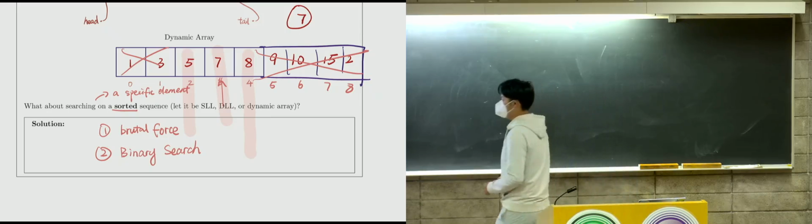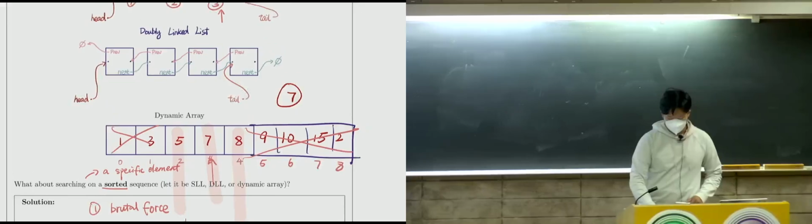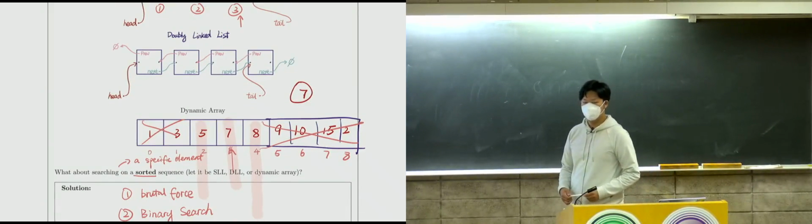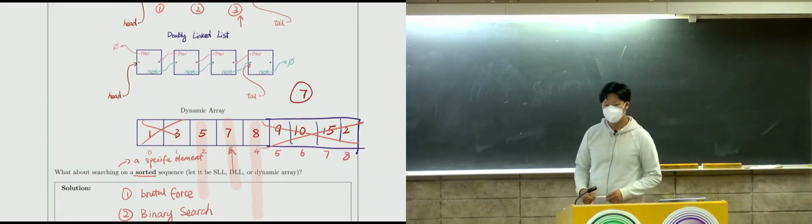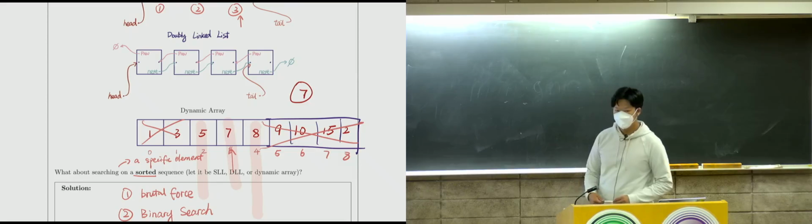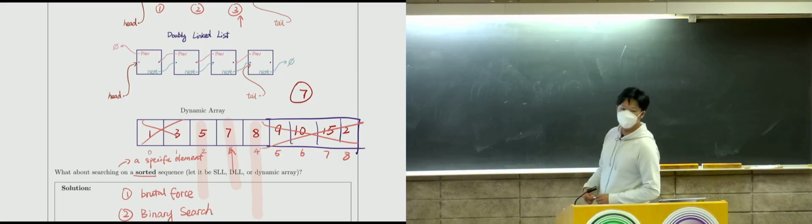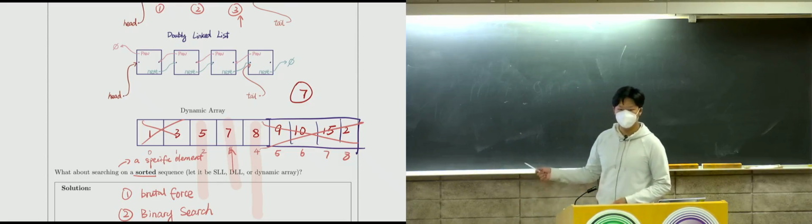I have a question. Can we do binary search on a doubly linked list? Why? We don't know the... What if I have the n element, which is the length of the list?